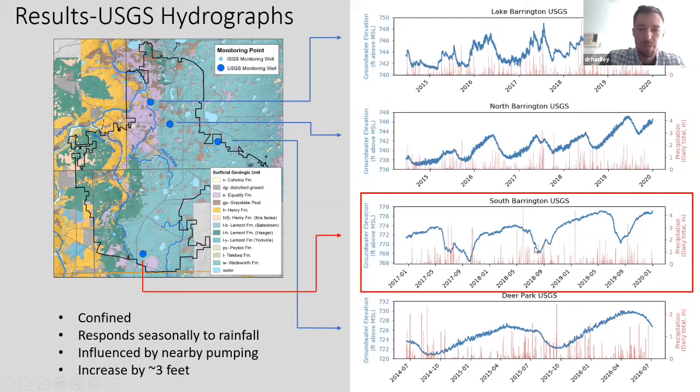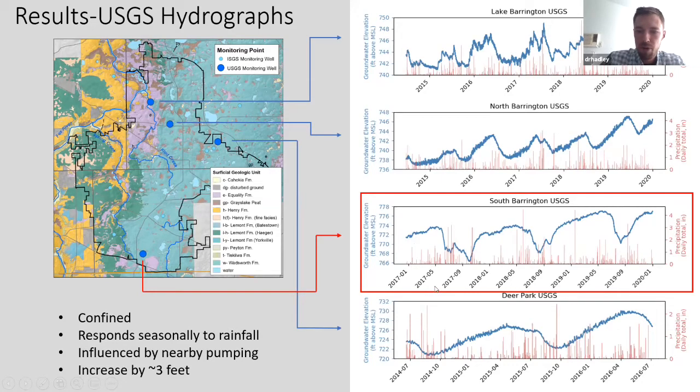We're not quite sure what it is, but you can see that during the summer months, it really drops down and then tends to recover each summer. But in general too, this shows about a 3-foot increase through time. And just to note that this period of record is slightly different than these two up here, because this started recording in 2017, whereas we're showing these from 2014.